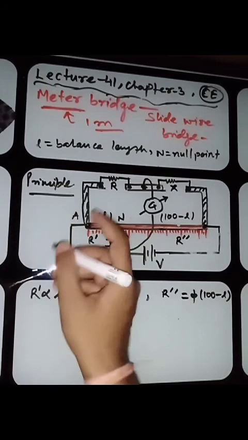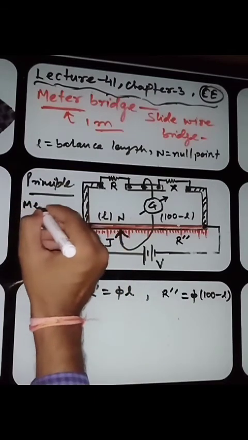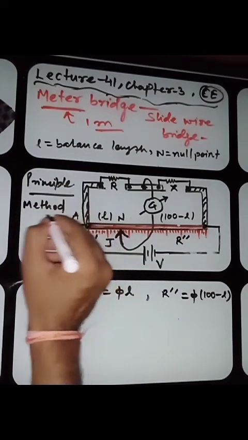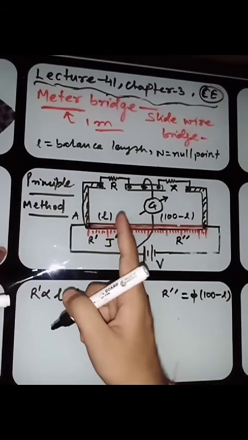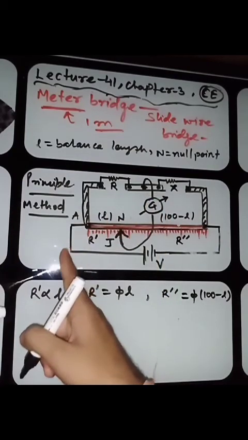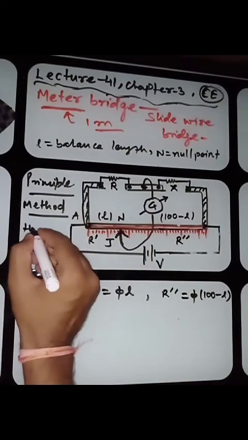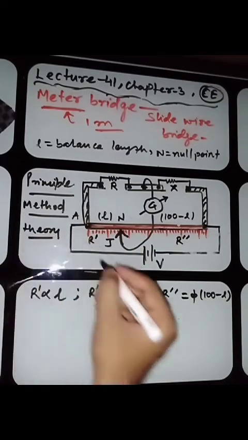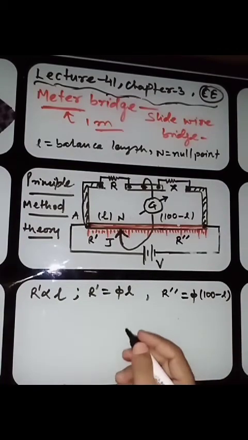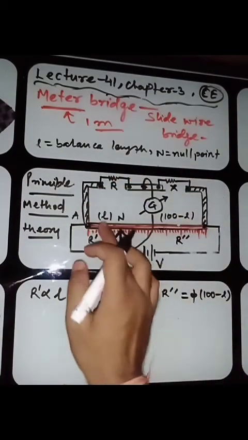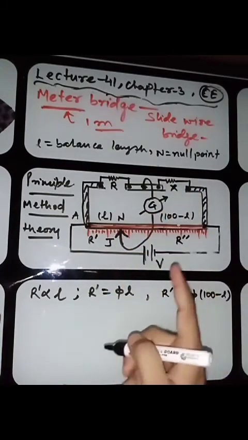After principle you have to write the method. So write down in method, it works on the null deflection method. And then you have to write the theory of this meter bridge, and you will include this in theory. Now my dear students, this circuit diagram you can arrange in this way also.